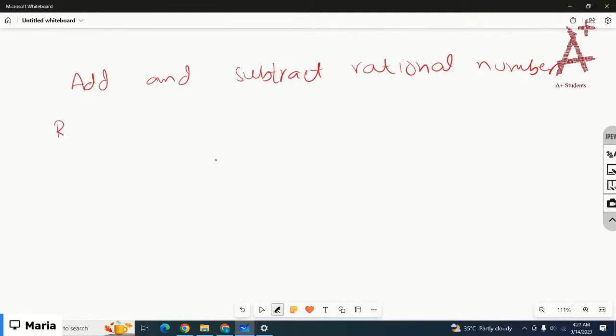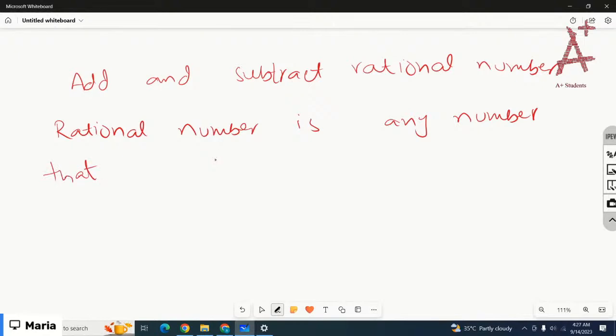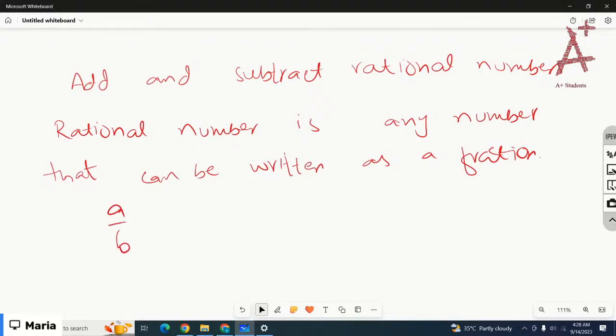A rational number is any number that can be written as a fraction, right? You can write any number in the form of a over b. That is a rational number, right?